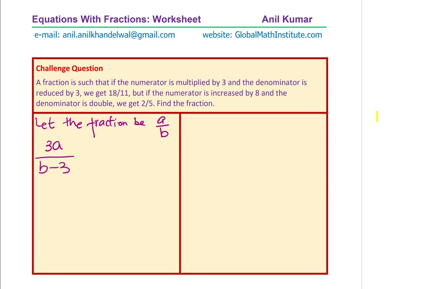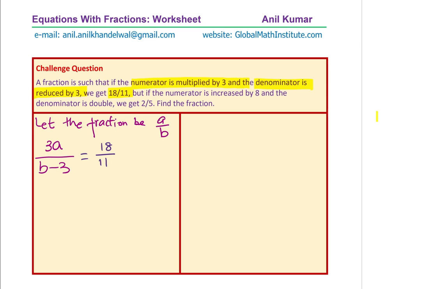Does it make sense? When the numerator is multiplied by 3 and the denominator is reduced by 3, so we got our equation. It gives you 18 over 11. Clear? So this is 18 over 11. You get one of the equations relating a and b. Is this step clear to you?